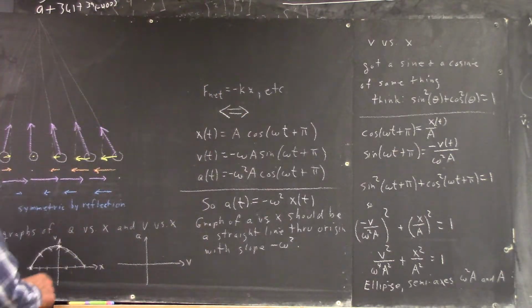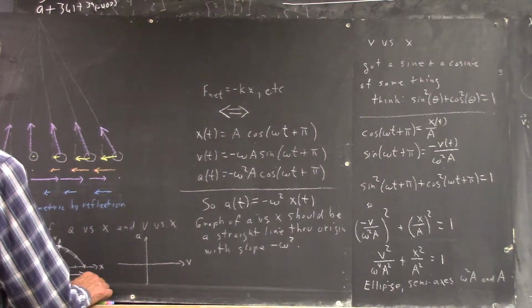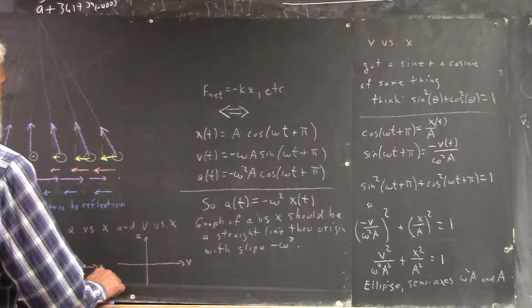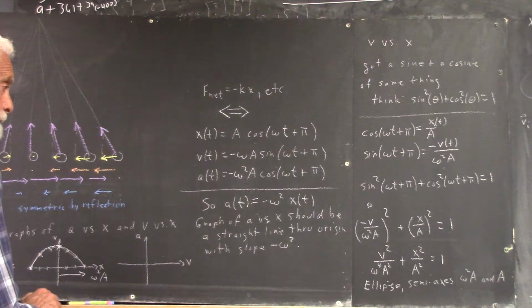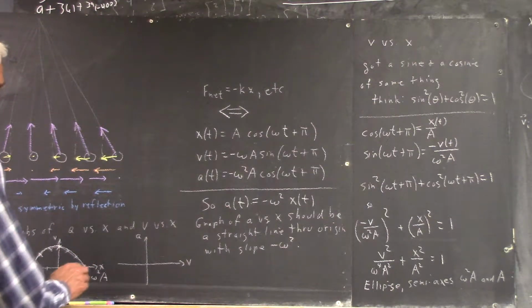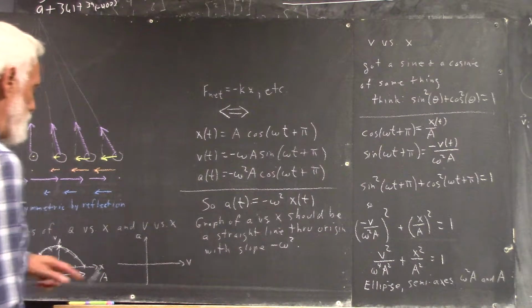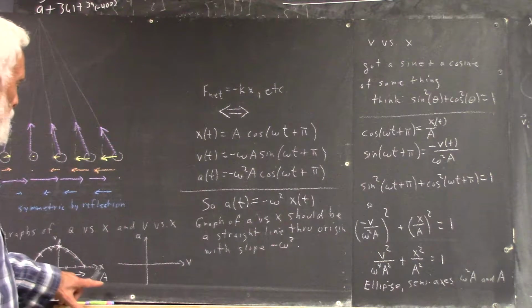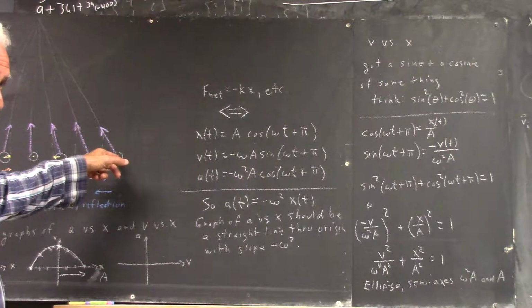Meaning, this distance here is omega squared A. This distance here is A, obviously. Okay? Because, why is this distance A? Why is this distance equal to A?